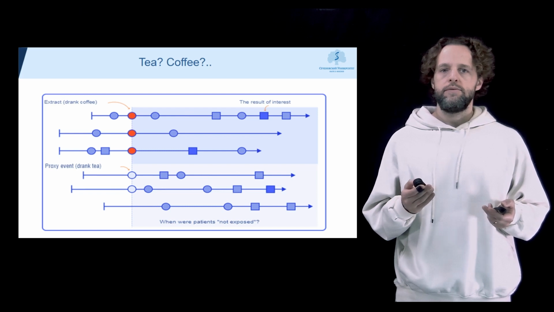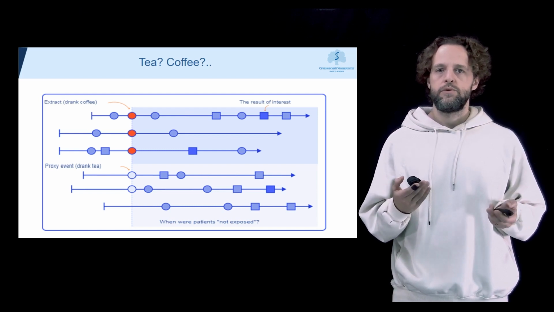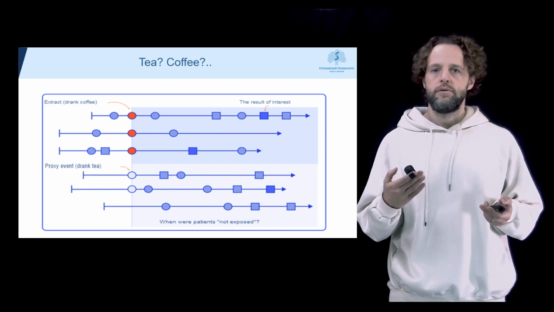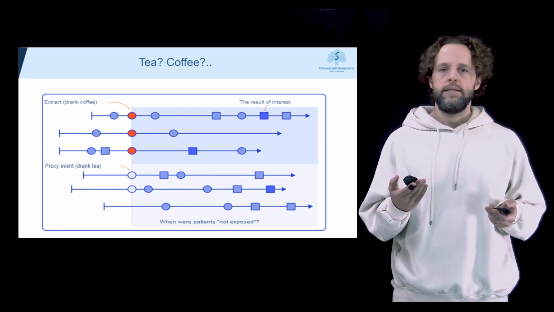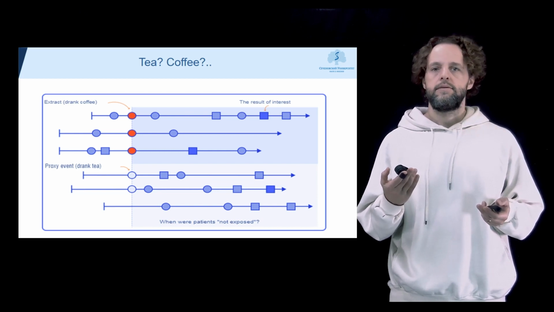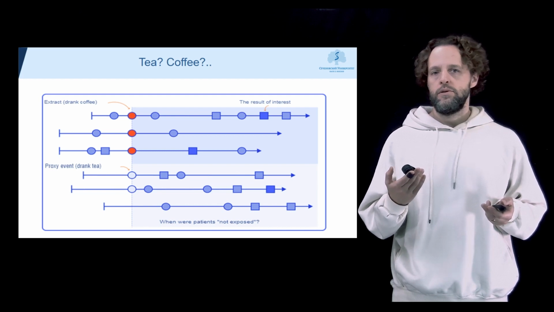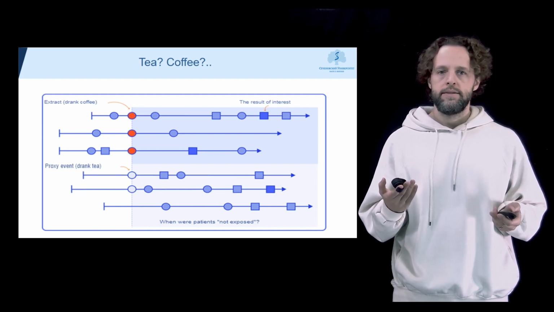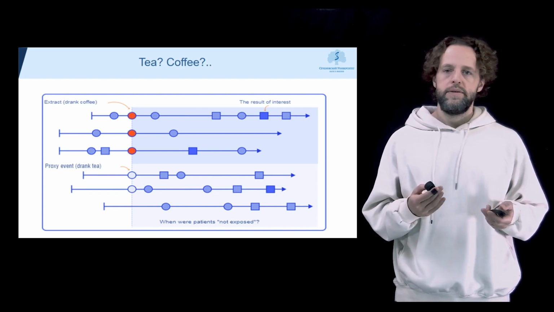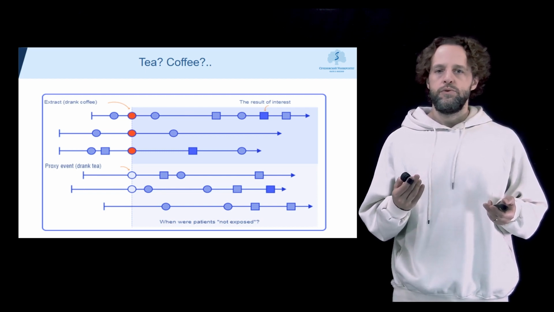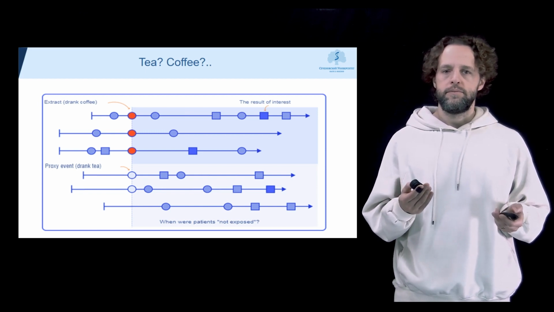For those who have not been exposed, those who have not drunk coffee, it's difficult to determine the time, since no such exposure events have been recorded on the patient's timeline. However, what time should we use if there is a refusal to drink coffee?